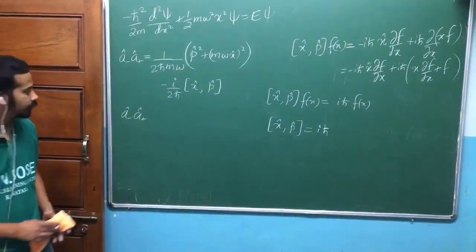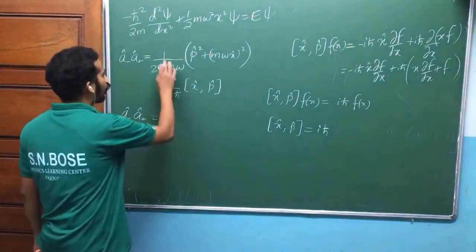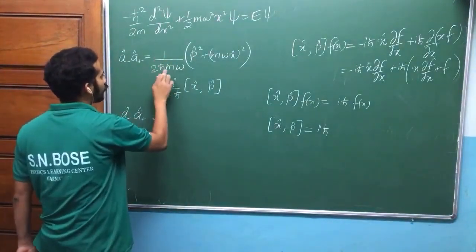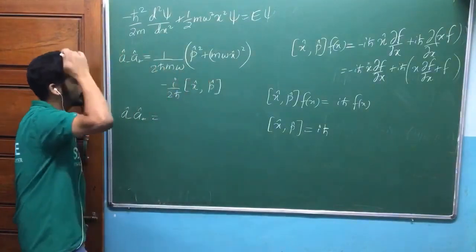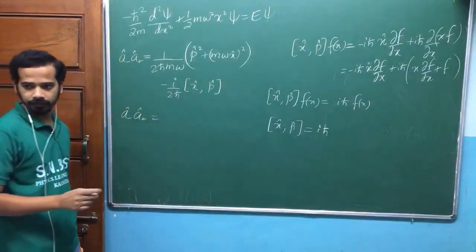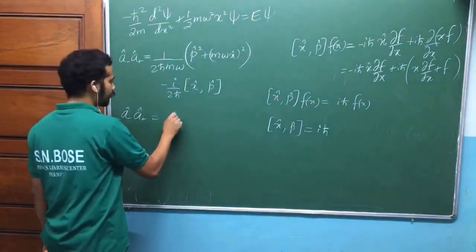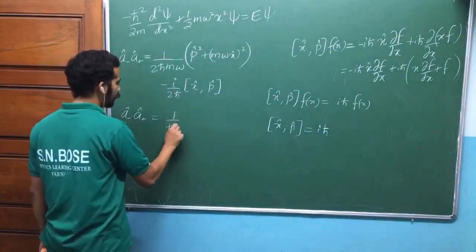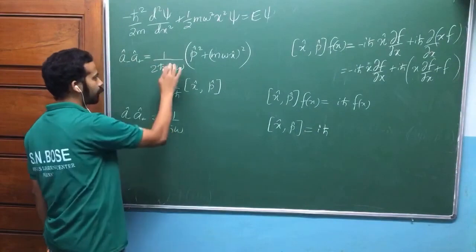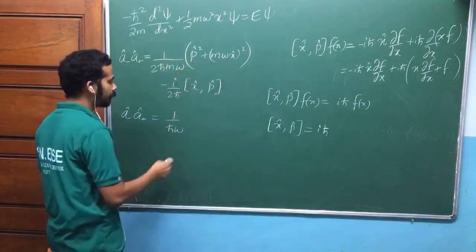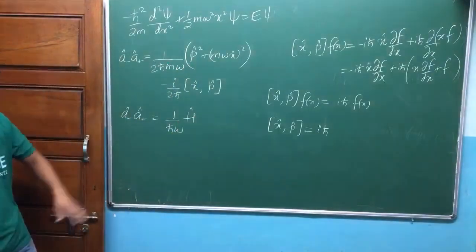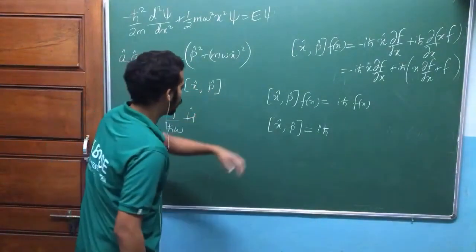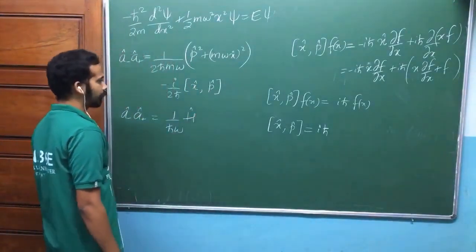Now look here: 1/2m p cap squared plus m omega x squared. What is that? Any idea? That's your Hamiltonian. I can take h bar omega outside and write it as 1 by h bar omega times (1/2m p cap squared plus m omega x squared), which is the Hamiltonian. Now I substitute [x cap, p cap] equal to i h bar.